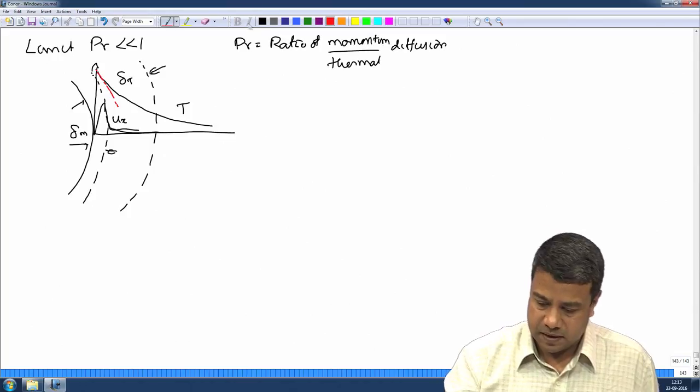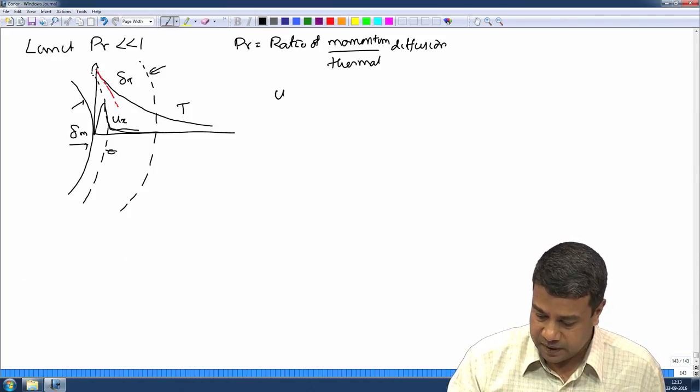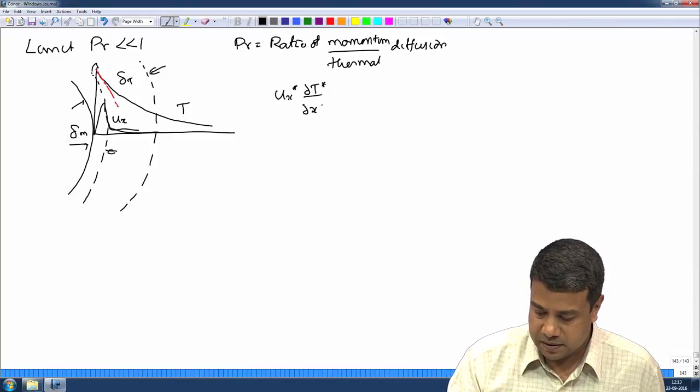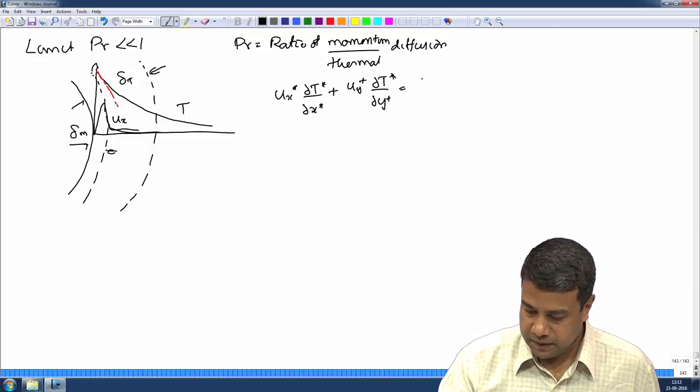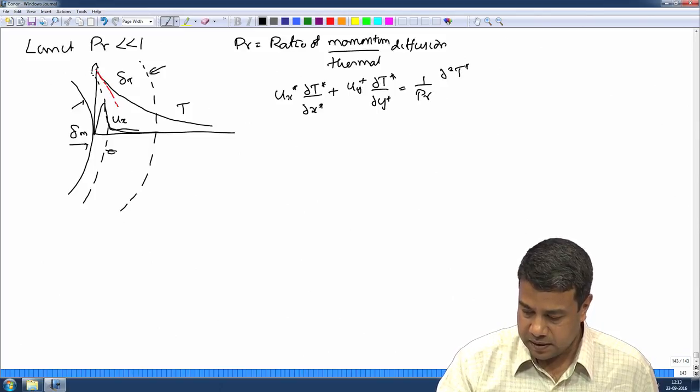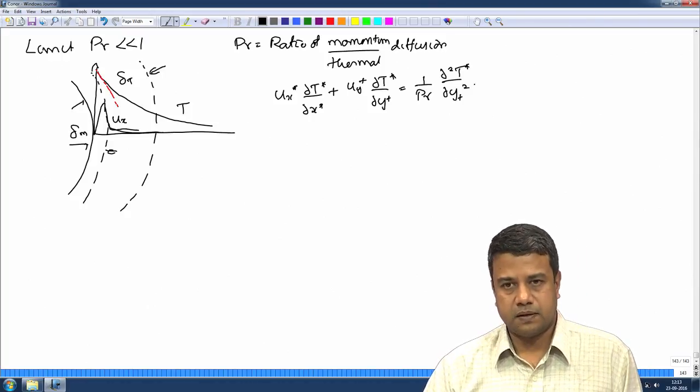That temperature equation has the form Ux partial T by partial x plus Uy partial T by partial y equals 1 by Prandtl number times partial square T by partial y square.